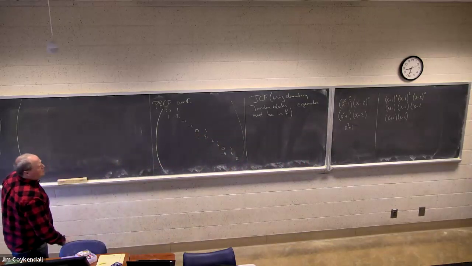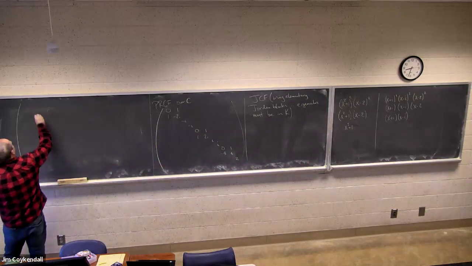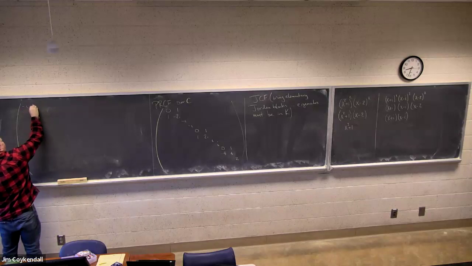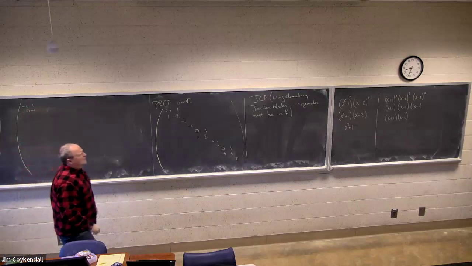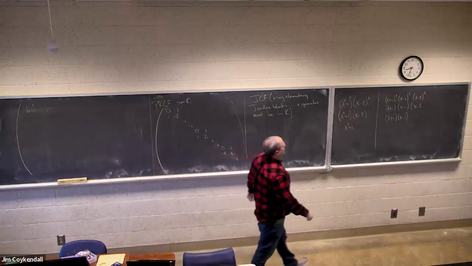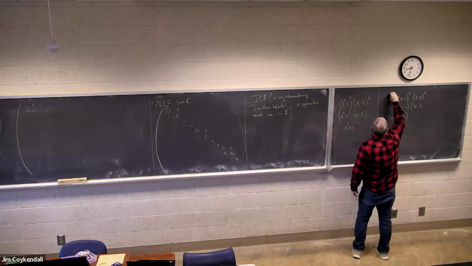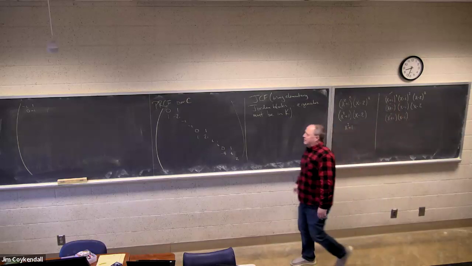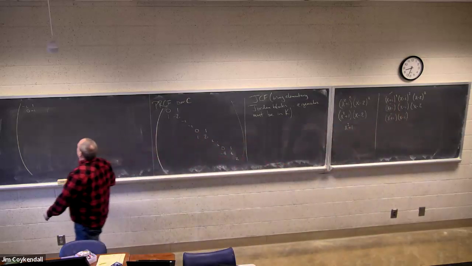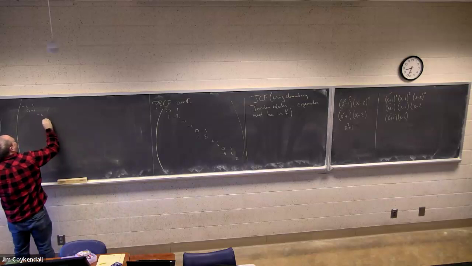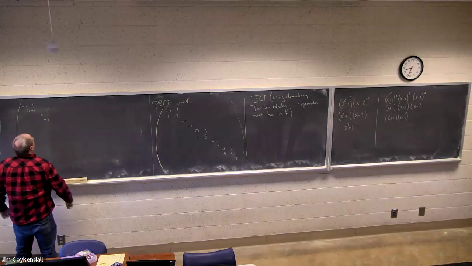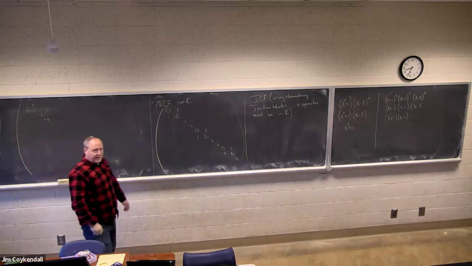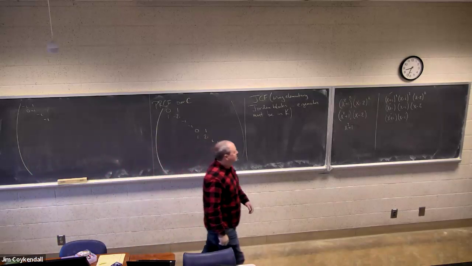So first we get a two block. Get a two block here. A one block and a one block. Negative i, negative i. So that takes care of the eigenvalue, negative i.